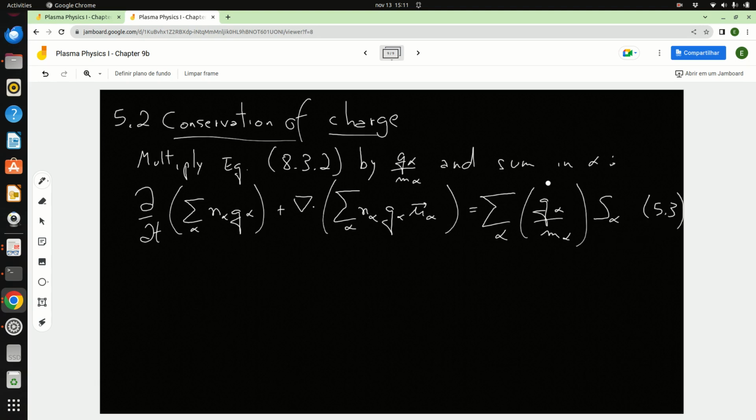And they suppose that the sum of the collisional term is 0 because it shouldn't affect the total electric charge. So suppose this is 0. There's always something like that. We don't always understand precisely why they suppose this, but it's the way it is. Otherwise, you can't simplify things, right?